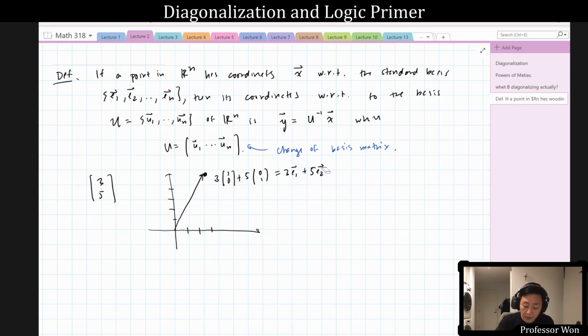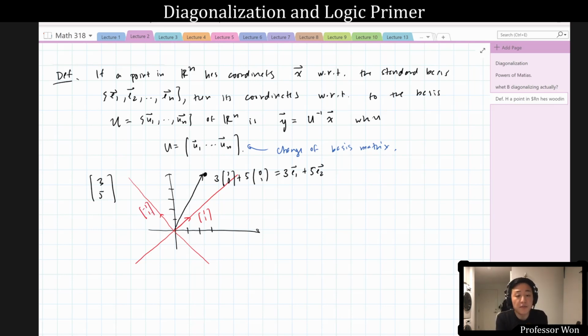So whenever I give you a vector normally, I'm talking about a vector with respect to the standard basis of Rn. But the standard basis is not any better than any other basis. So if I take a different basis, let's now take the basis from the other day and the first example of this class, where the basis vectors are given by 1, 1 and negative 1, 1.